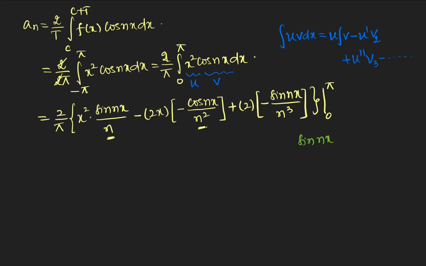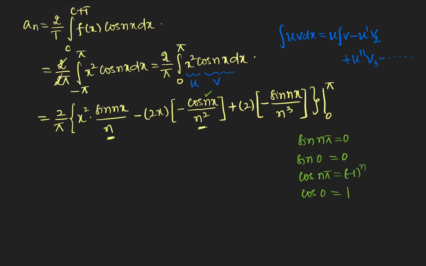Sin nx with x replaced by pi gives sin n pi, which is equal to 0. If we replace x by 0, we get sin 0, which is also 0. Next, cos nx: if we replace x by pi, we get cos n pi, which is minus 1 whole power n, and cos 0 is equal to 1.